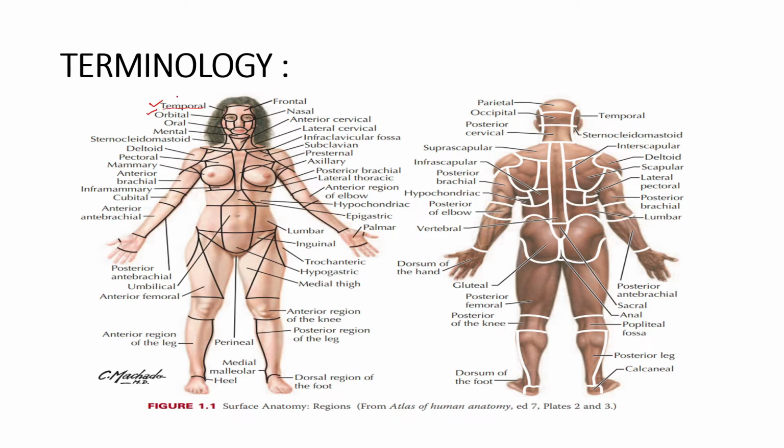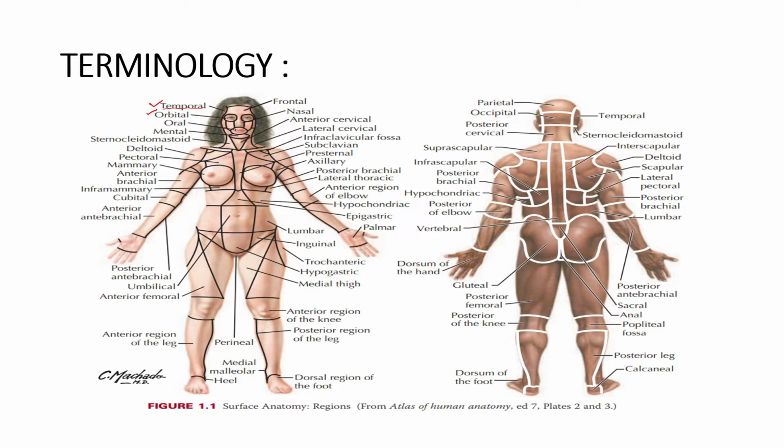So the region is named temporal, hence the portion of the brain is called the temporal lobe, a lobe of the brain. There are 5 lobes inside the brain: frontal, parietal, occipital, temporal, and the limbic system inside. After that, orbital, that means where our eyeball is situated.